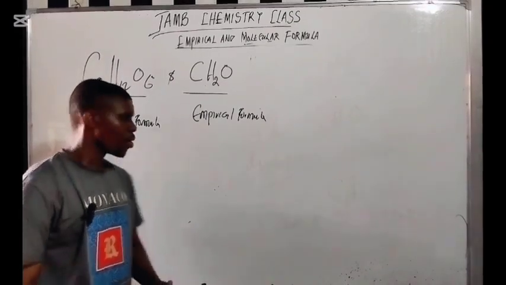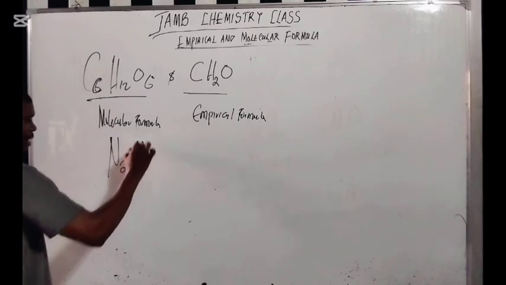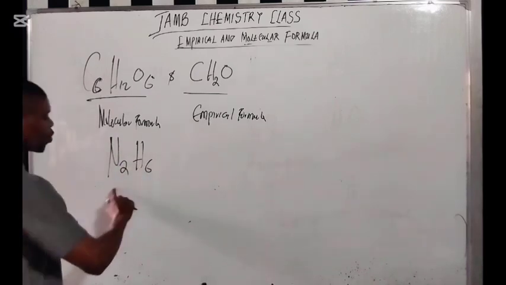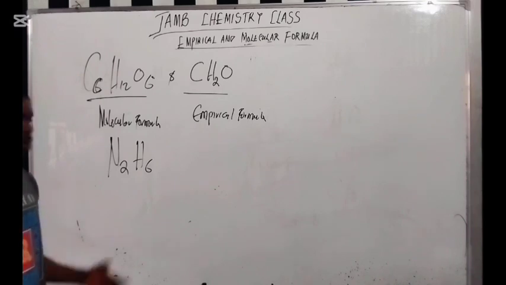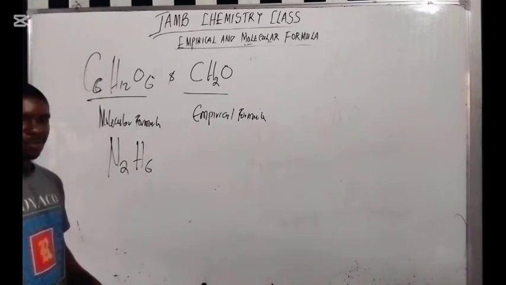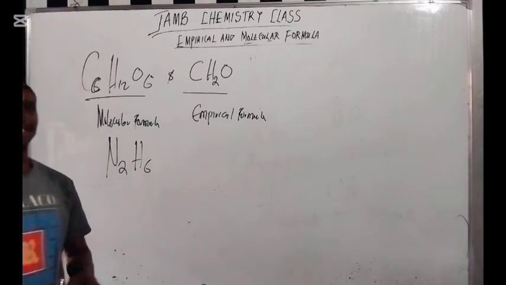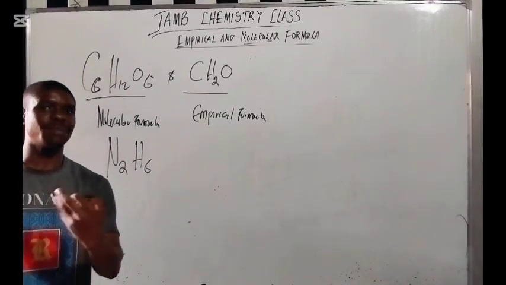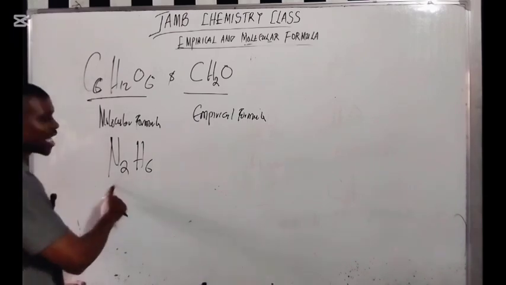It's not difficult. What if I ask you here, N2H6, what is going to be my empirical formula? Leave it in the comment section. N2H6 is a molecular formula, right? Now, can I split it down?